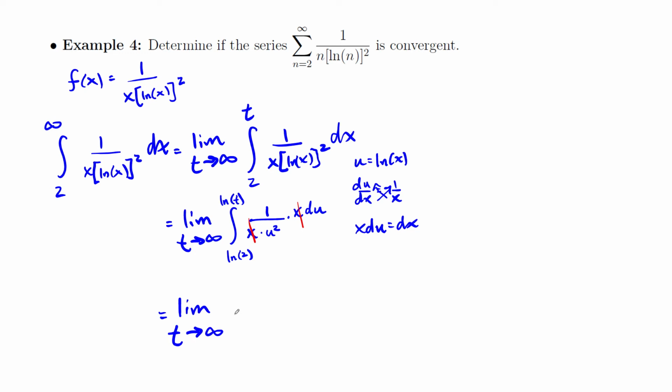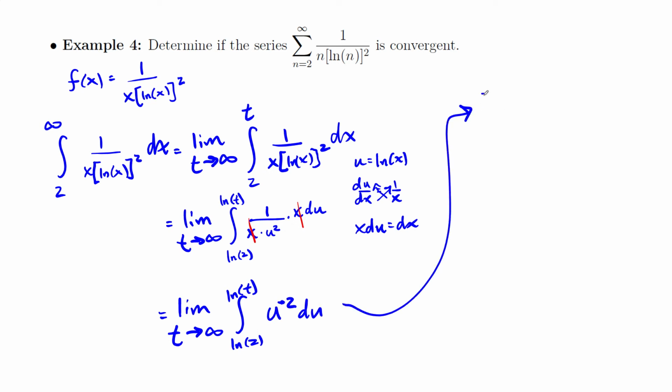So we've got the integral from natural log 2 to natural log t of u to the negative 2 du, which is going to be the limit as t goes to infinity of u to the negative 1 divided by negative 1 evaluated from the natural log 2 up to the natural log of t.